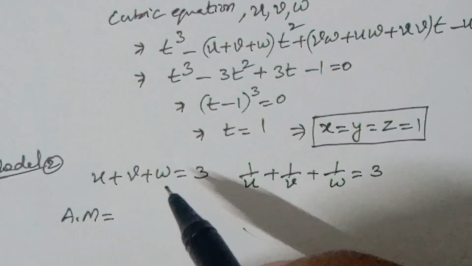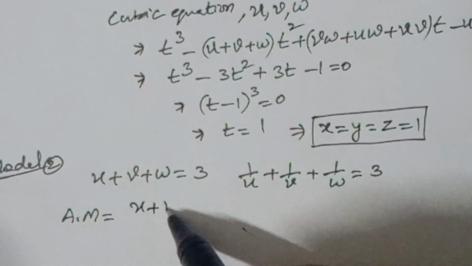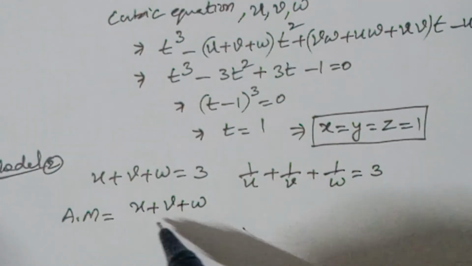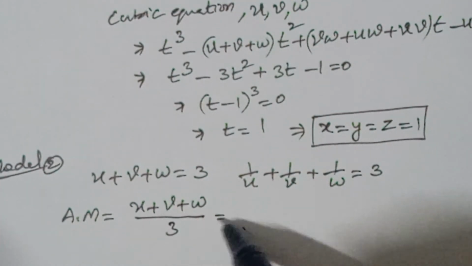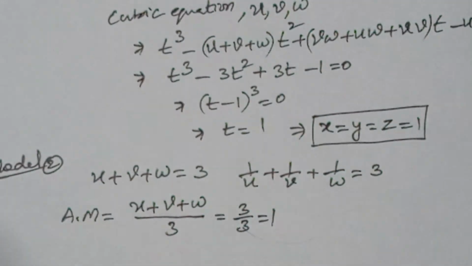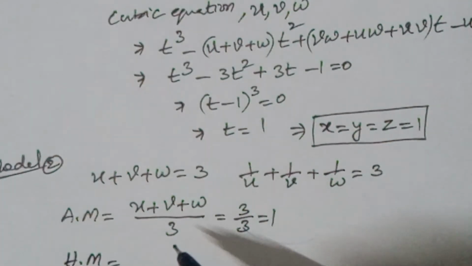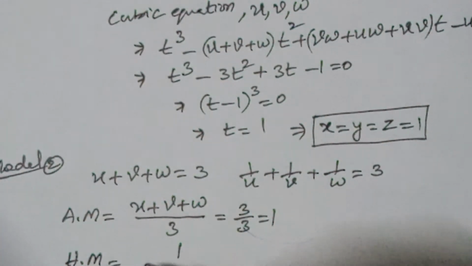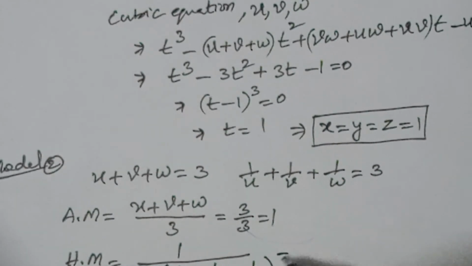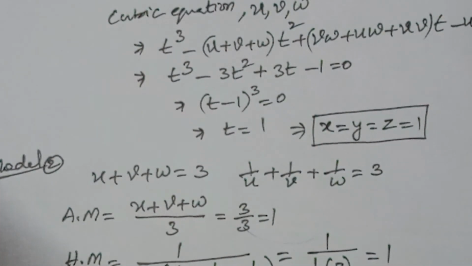AM is equal to (u + v + w)/3, so we get 3/3, equal to 1. Now I am finding HM. HM is equal to 1 by (1/3 into (1/u + 1/v + 1/w)), that is equal to 1 by (3/3), that is equal to 1.